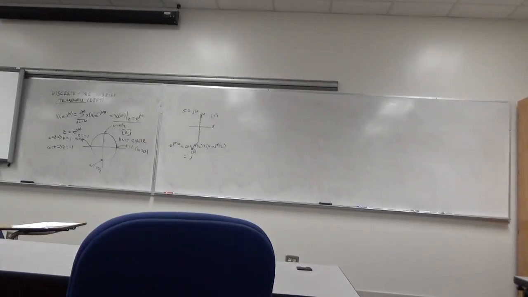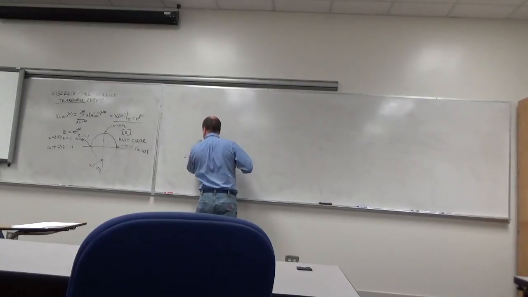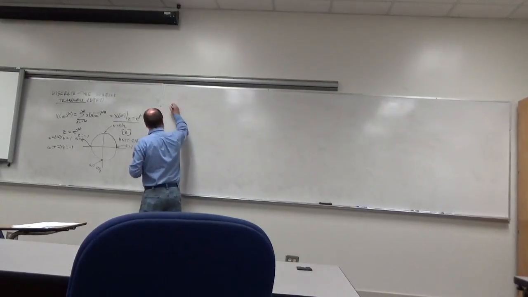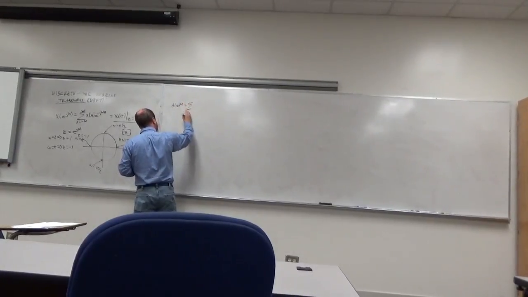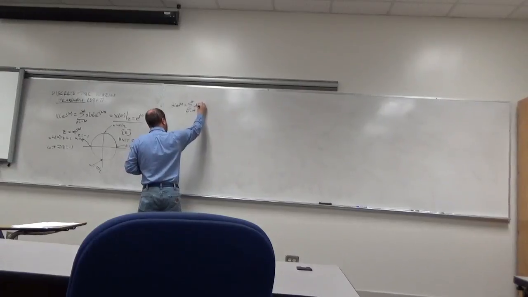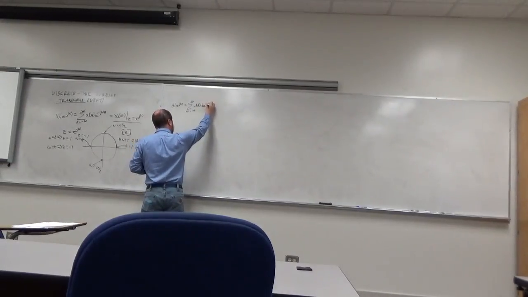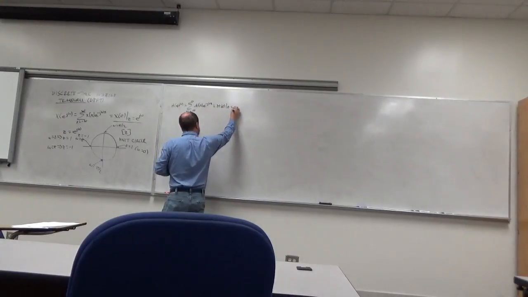So now, we're going to talk about Fourier transform of signals and of systems. So if I define this, H of e to the j omega equals the sum, n from negative infinity to infinity, of h of n e to the negative j omega n, which is just H of z evaluated at z equals e to the j omega.